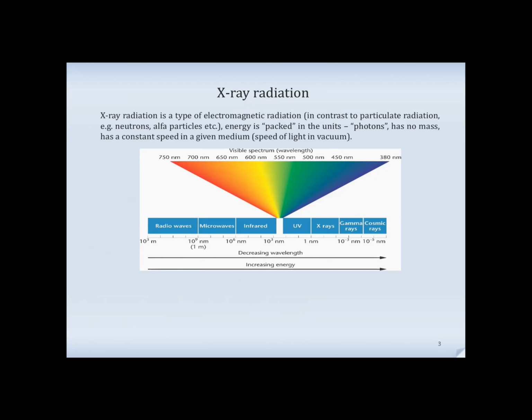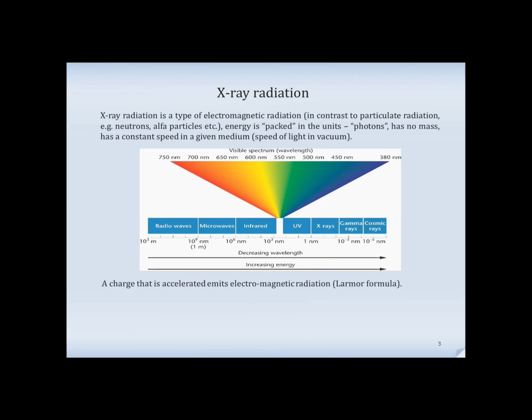In contrast to particles, like alpha particles or neutrons, which we will speak about later, X-rays are just electromagnetic waves. The easiest way to produce electromagnetic waves is to accelerate a charged particle, like an electron.